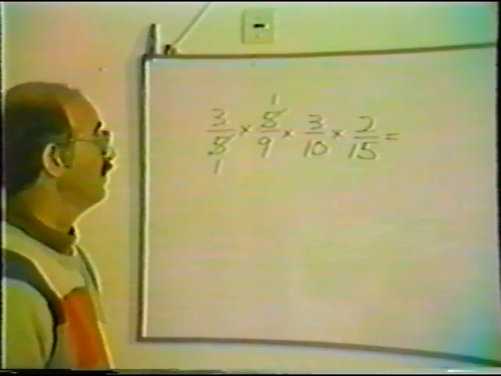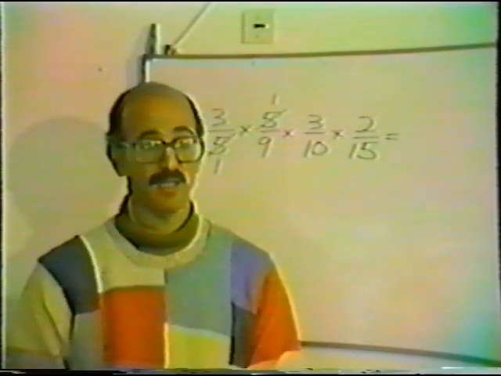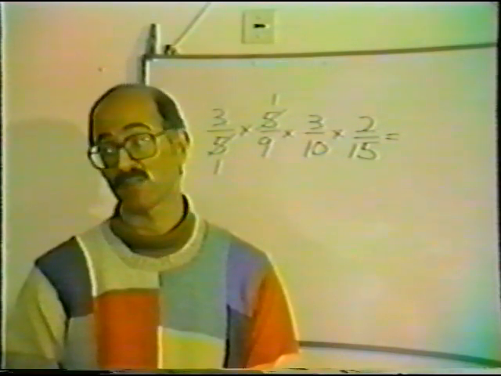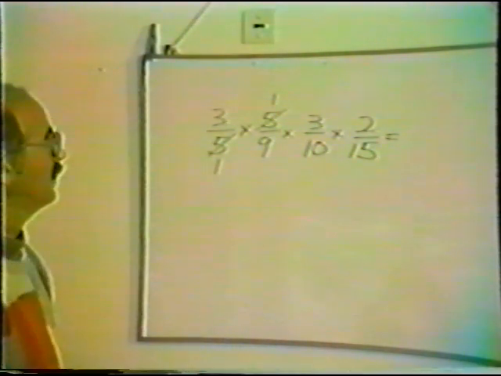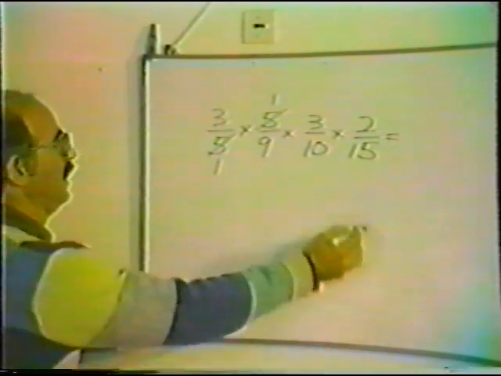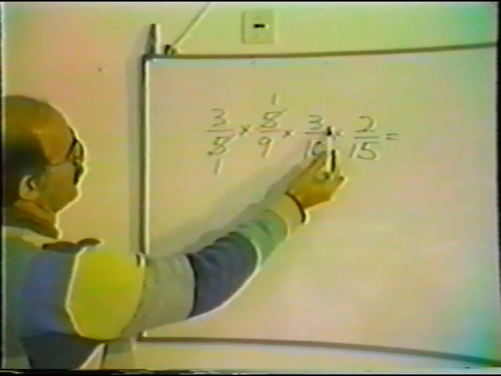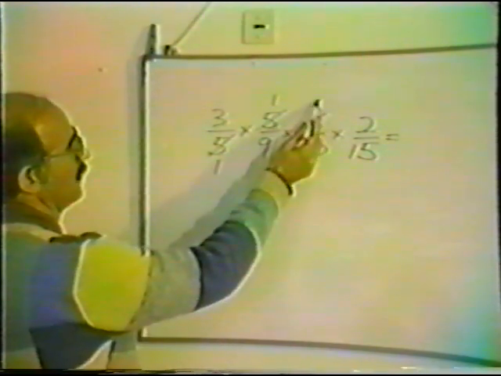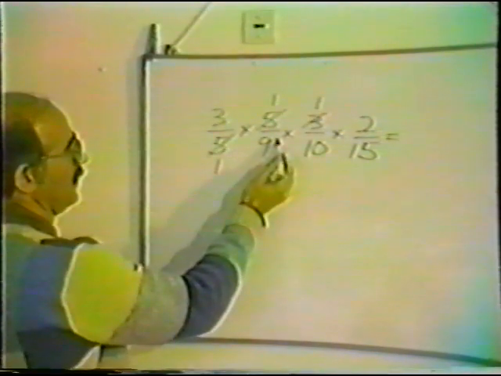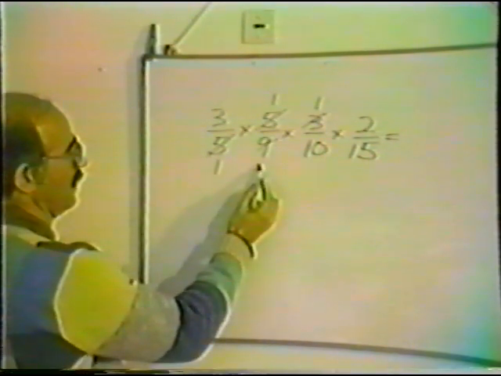Now, the next kind of possibility that we'll look for is a cancellation that gives us at least one number 1. What's a pair of numbers that will do that? 3 and 9. And I think I'll choose this 3. 3 into 3 is? 1. And 3 into 9 is? 3.